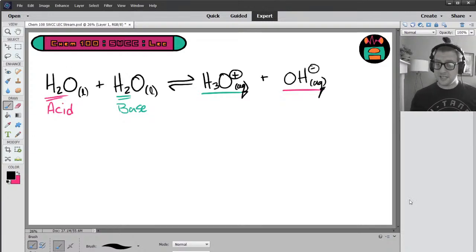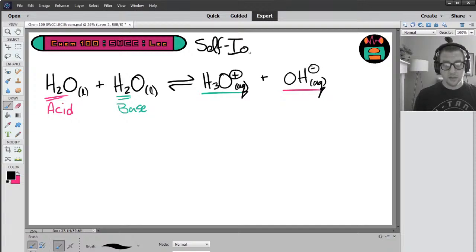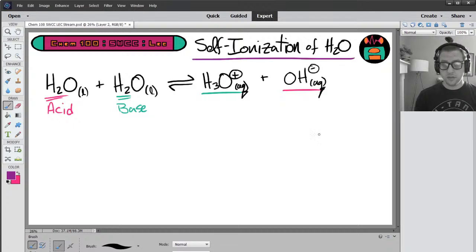So this reaction has a name. This is called the self-ionization of water. Water will react with itself to produce hydronium and hydroxide.